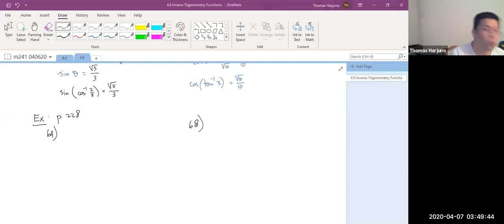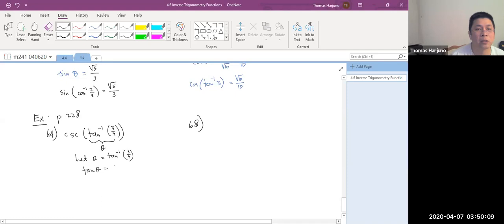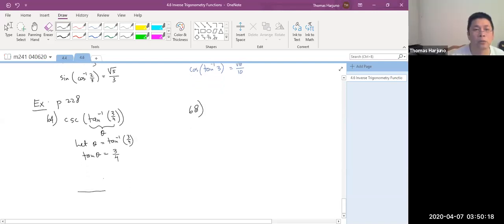Number 64, cosecant of tangent inverse of 3/4. So we call this theta. Let theta be tangent inverse of 3/4. So tangent theta is 3/4. Special triangle. So we do the triangle now.